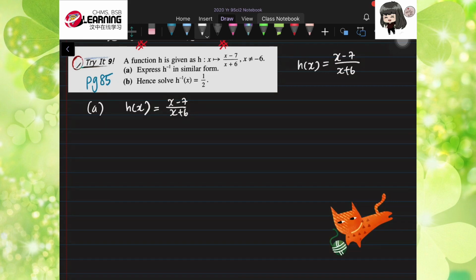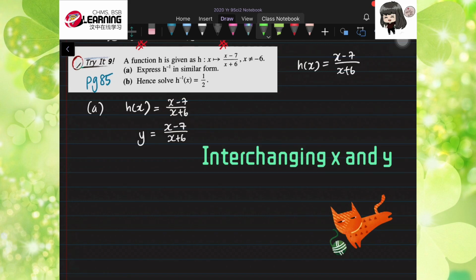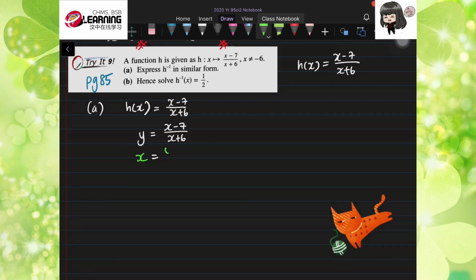From our previous lesson, I have taught you guys how to do the inverse function. First we let h(x) equals to y, and then we interchange the x and y, so x will become y.